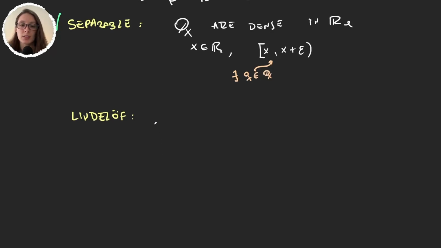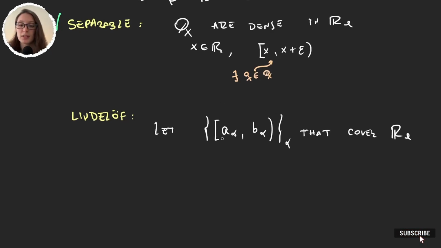So we will take a collection {A_alpha} of open sets in RL that cover RL. We need to extract a countable subcollection of this set.